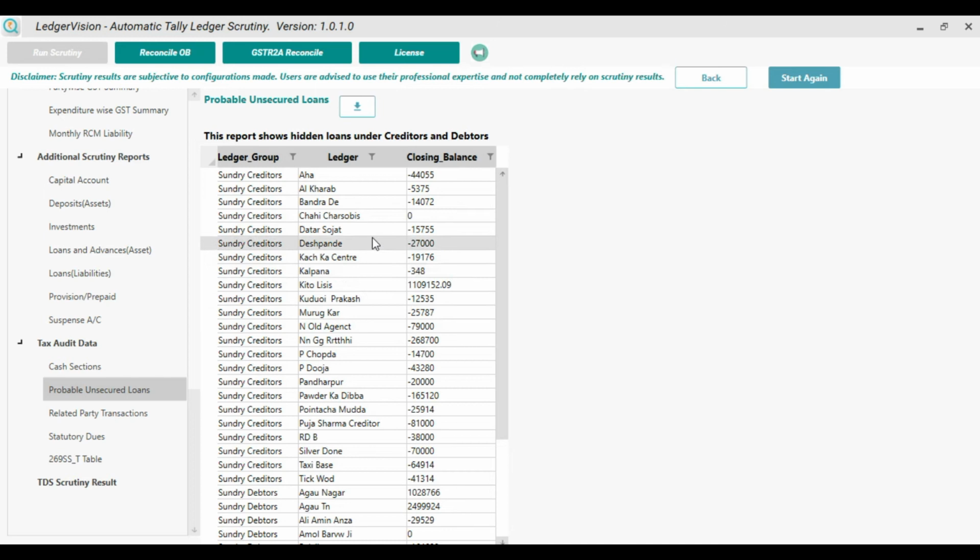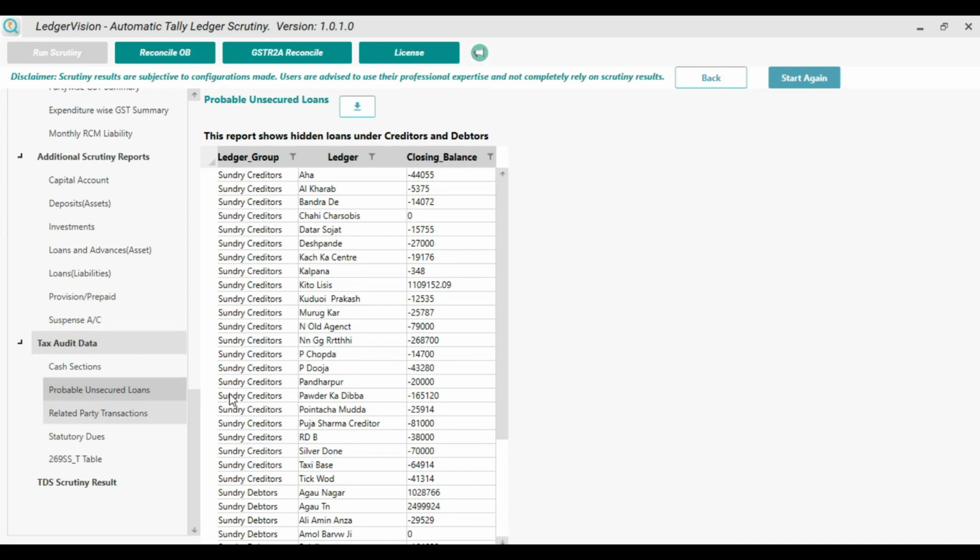There is a normal tendency of clients: they hide their money lending activities under debtors and creditors, and it is the responsibility of the auditor to unearth those debtors and creditors and show them under the table of 269SS and T. So this is the list. You can go through the list, and whenever you find something suspicious, you can make further inquiry and put that ledger under the 269SS/T table.